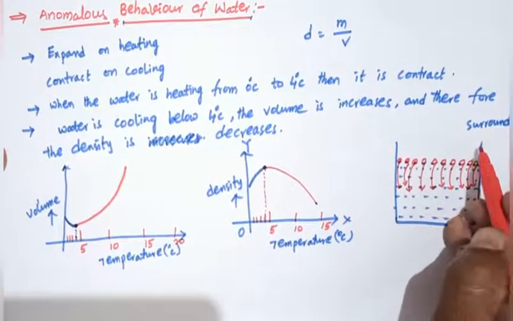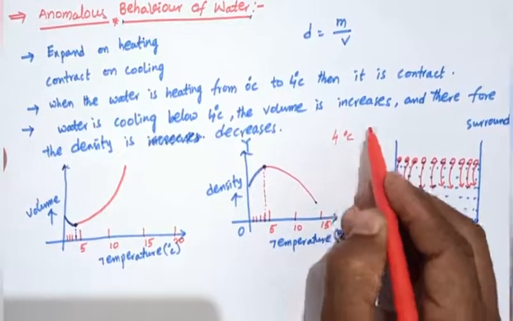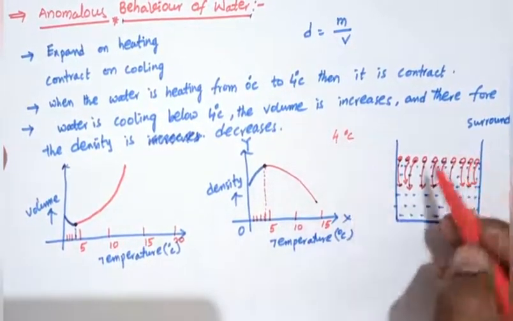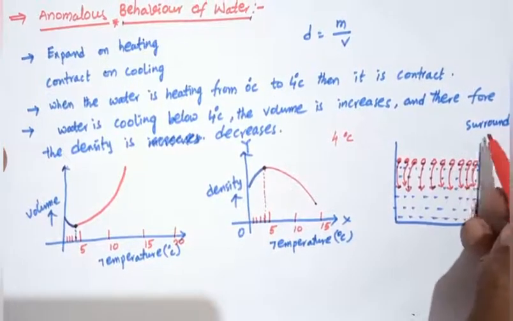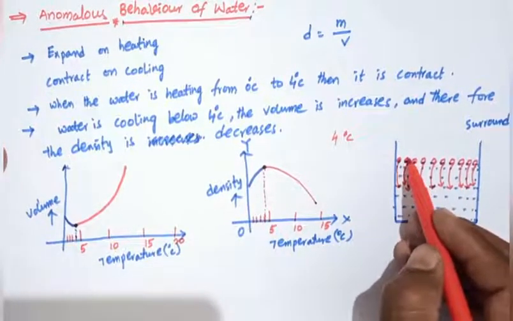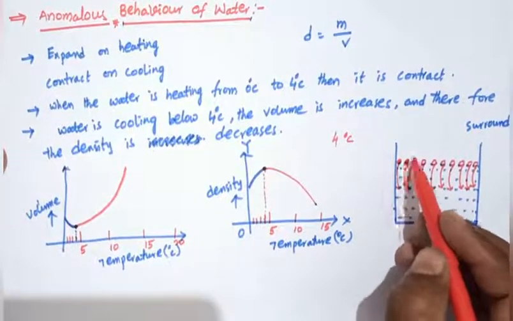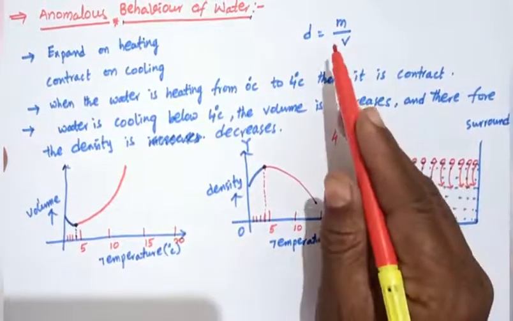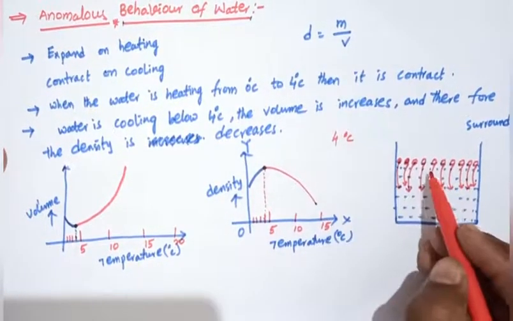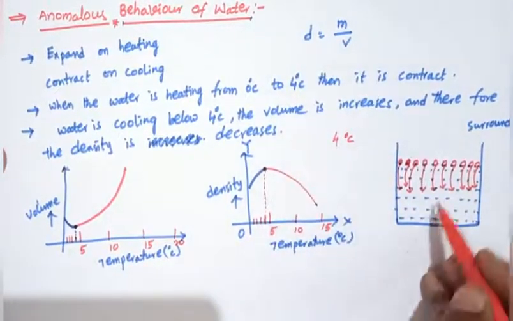So like that, up to 4 degrees Celsius, it is a continuous process. When the temperature decreases, the water molecules' volume decreases, nothing but the density increases.